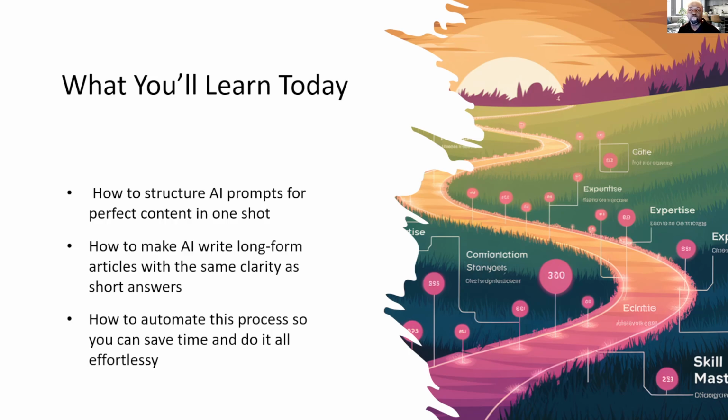So we're also going to be looking at how to make these long form content be as clear as short answers. Maybe you asked AI, how do I bake bread, for example?